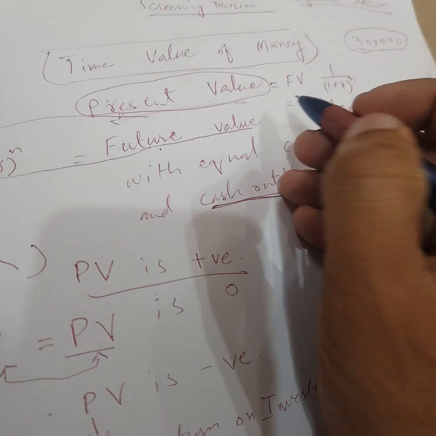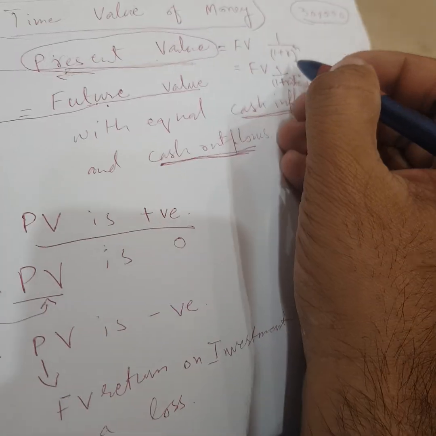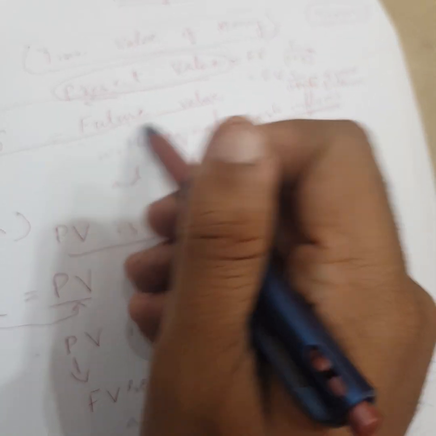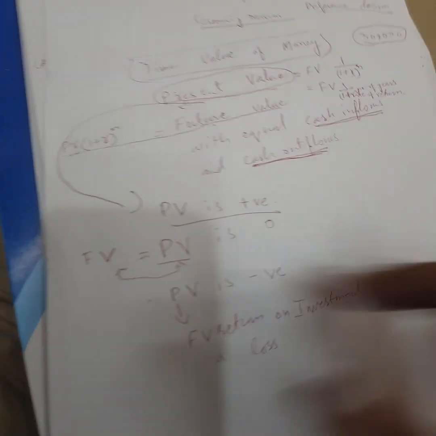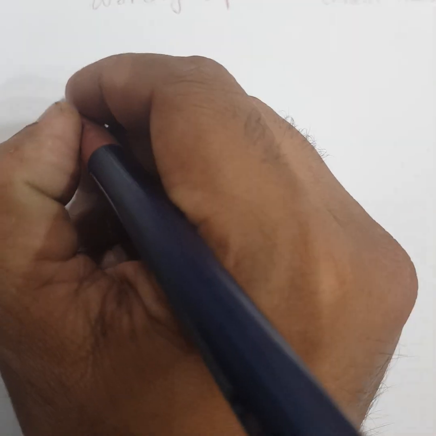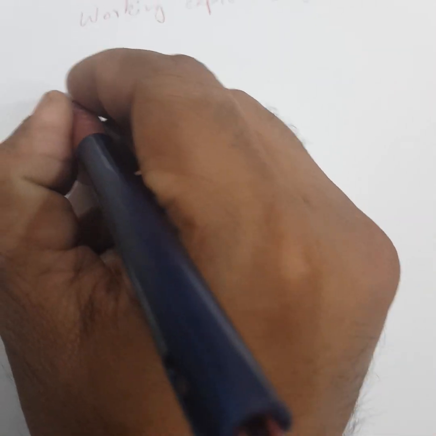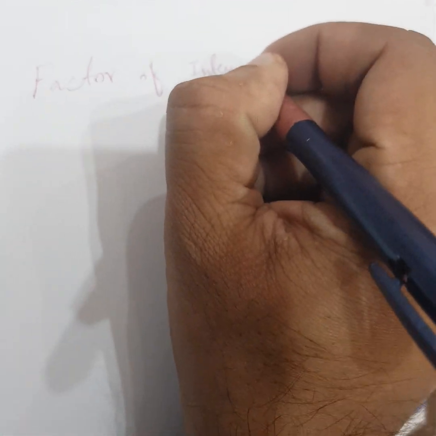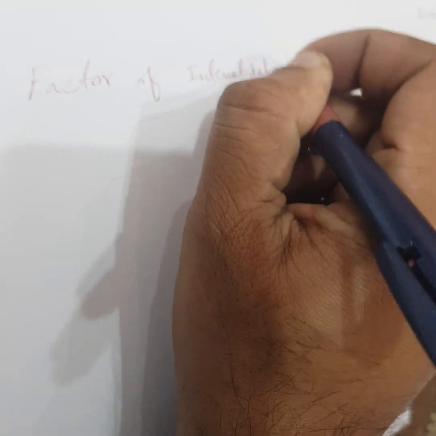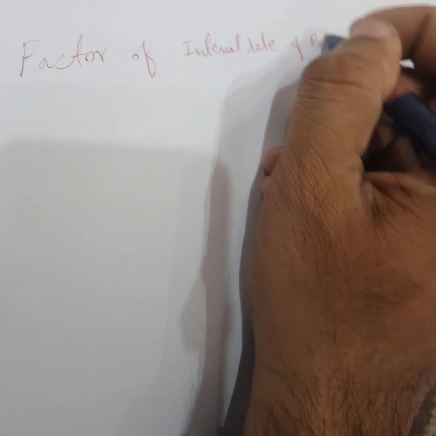As in the formula of present value, there was a rate of return. In the future value, the rate of return is there. There is a concept of factor of internal rate of return.